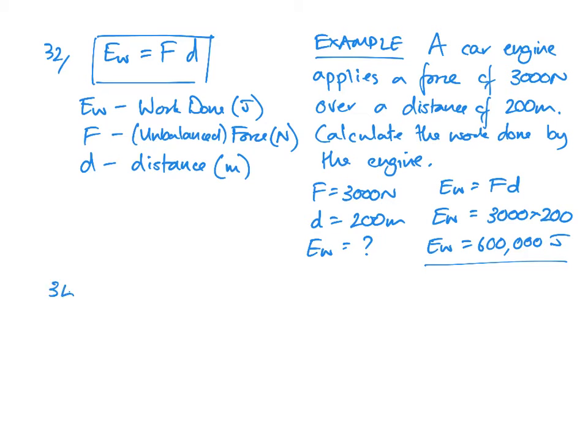Okay, I'm going to change the order very slightly. I'm going to do 34 before 33. I think it makes more sense that way. 34 is define gravitational potential energy, and then 33 is the formula, and I think it makes more sense to give a definition first.